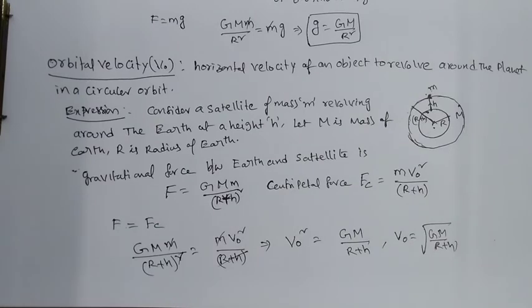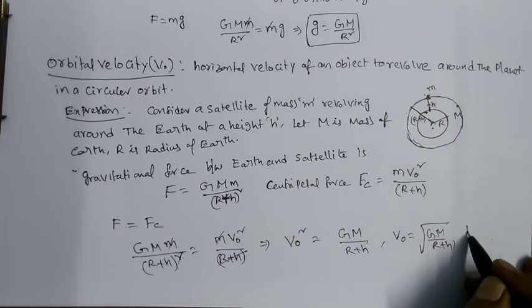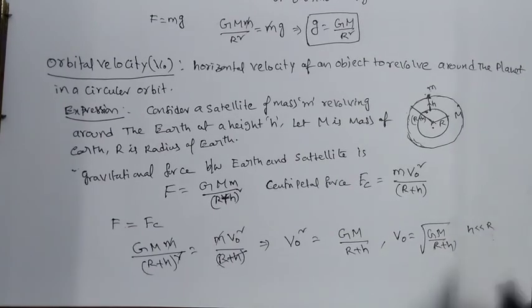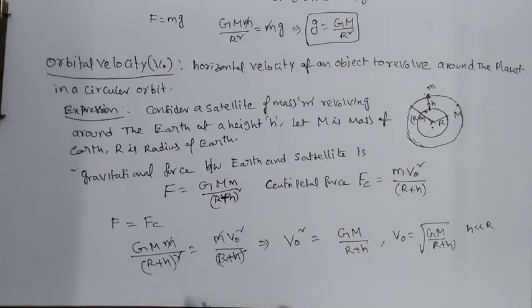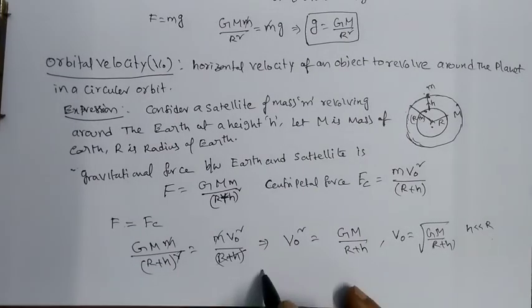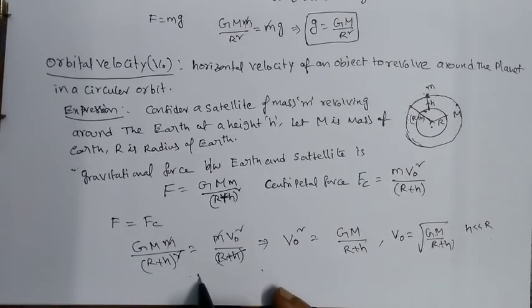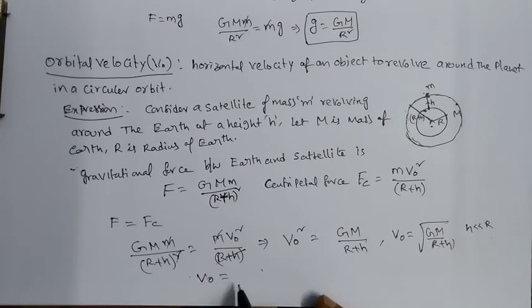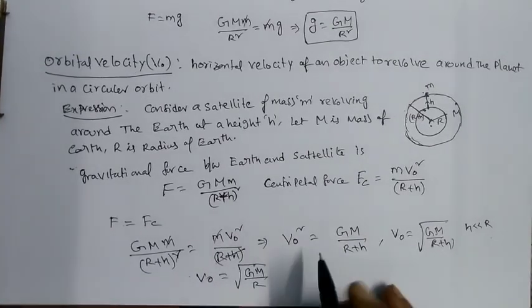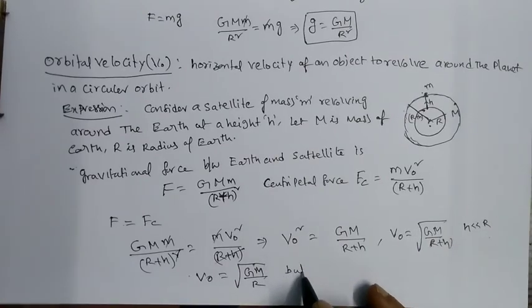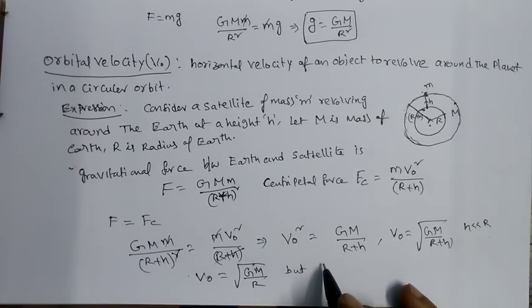If the satellite is near the surface of the Earth, that means h will be very small. Simply neglect the h value. Finally you will get v naught is equal to under root of G M by R. But from the above relation I know that small g is equal to G M by R square.